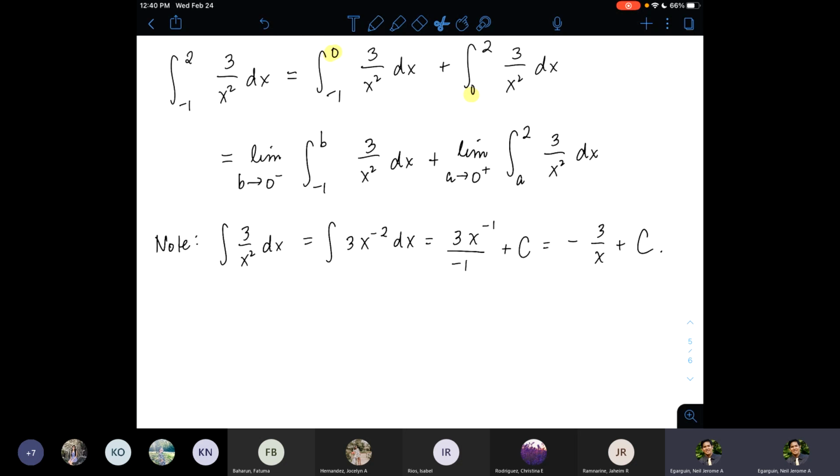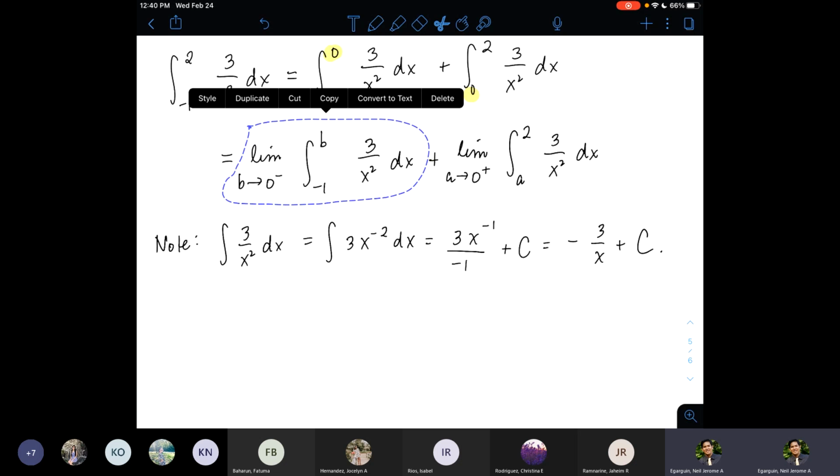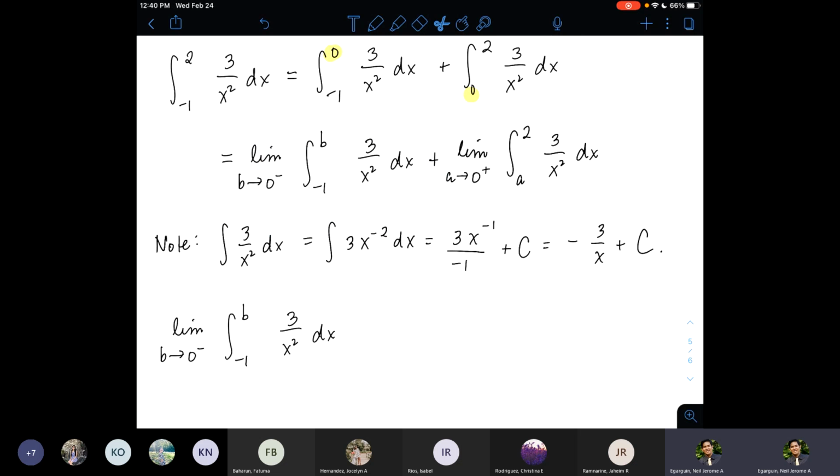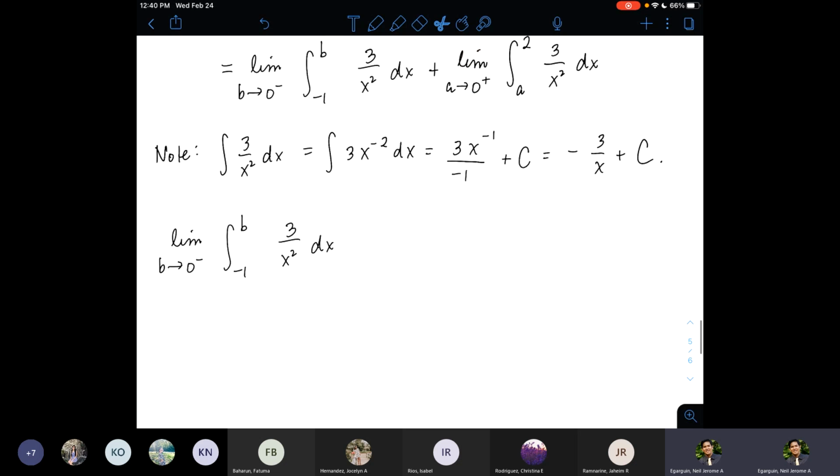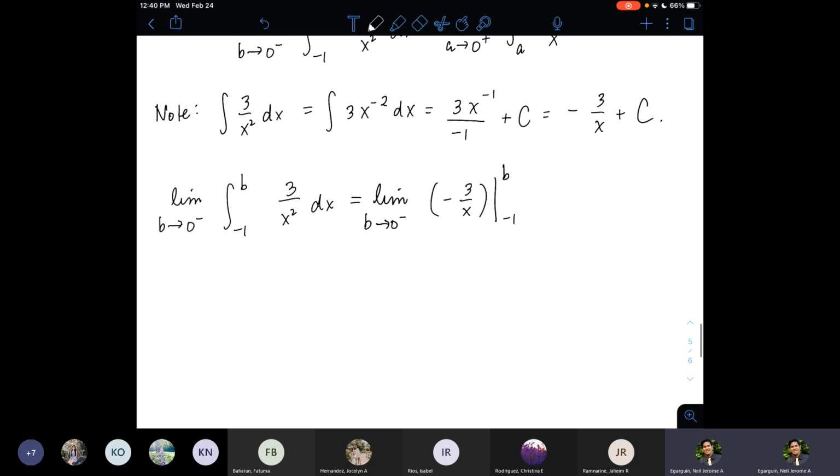Okay, so this is the antiderivative. Then let's go back to the limits here. I'll start with the first limit over here. Let's evaluate that. Luckily, we already computed the antiderivative. It's -3 over x, and we need to evaluate it from -1 to b as b approaches 0 from the left.